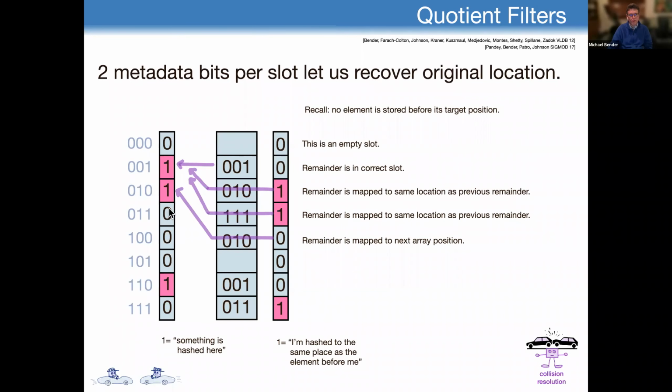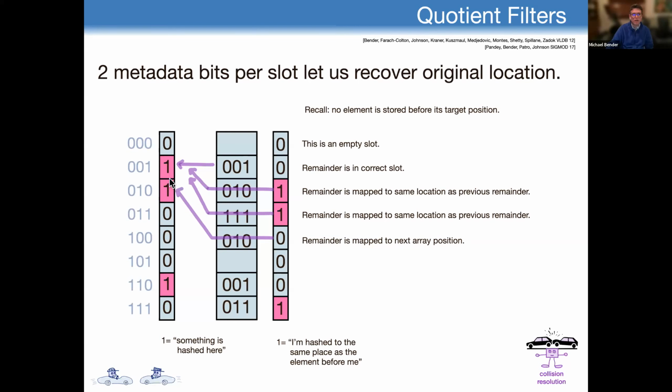So if we're inserting something here, this position is already used, this position is already used, and so we would actually use this position where the mouse is going back and forth.